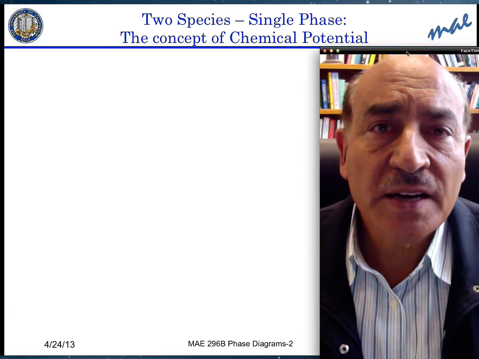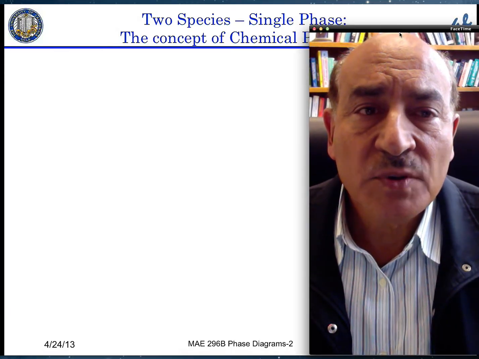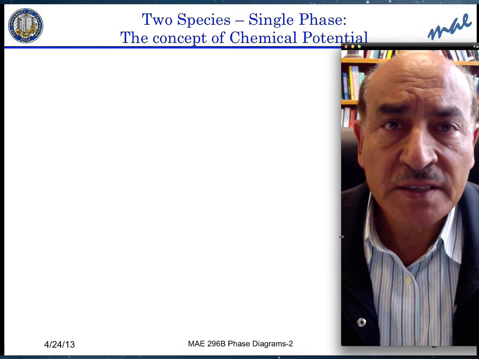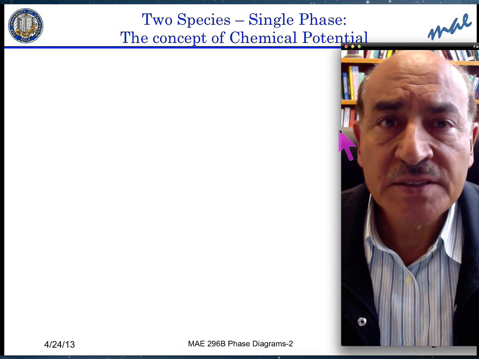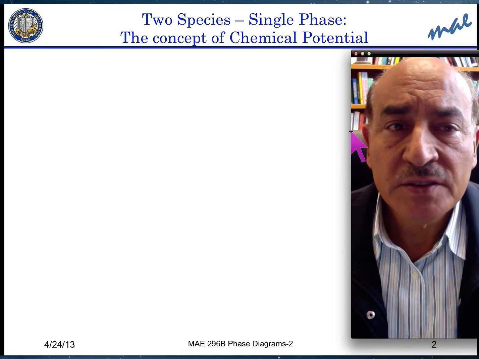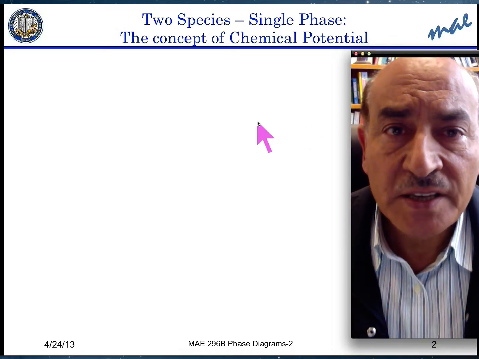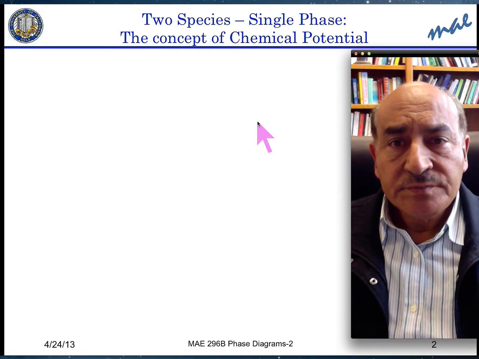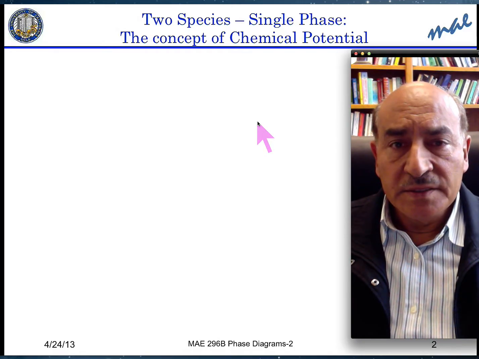So we will talk today in this part about having basically two elements, A and B, and the two elements are mixed together in a unique phase. Say this phase will be a liquid, or it could be a solid.